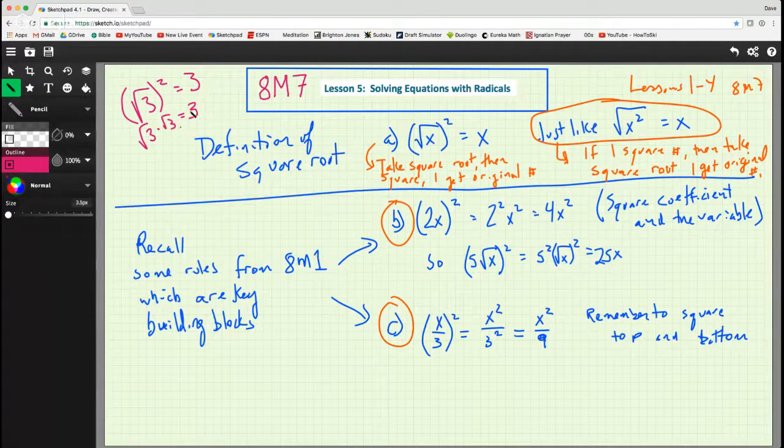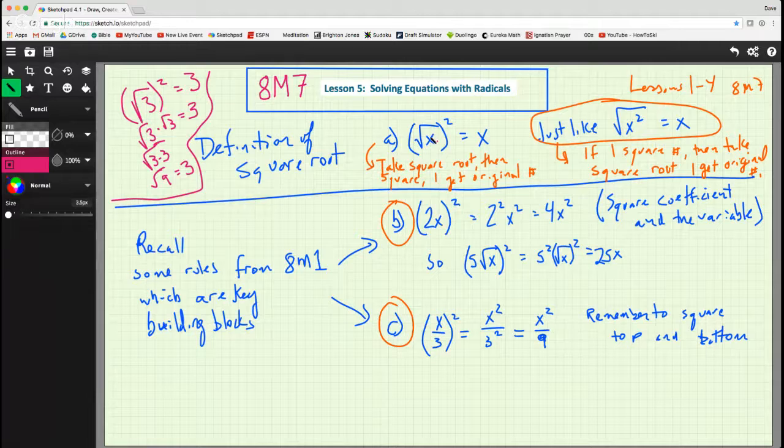And you can use a rule that we've already learned to kind of prove that, because the square root of 3 times the square root of 3 is the square root of 3 times 3, which is the square root of 9, which is equal to 3. So you can see this isn't necessarily a proof, but it's an example to say the square root of a number squared is the number.